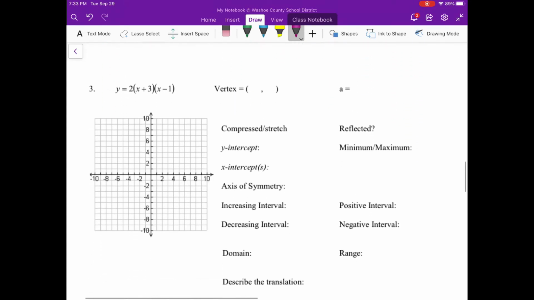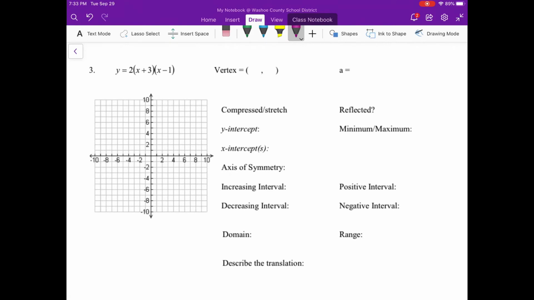Okay, for example 3, now we have an a value that is a positive 2. So because it's positive, it's not reflected, but this time it is being stretched. Anytime that we have any number greater than 1, it's going to be stretched, and in this case, it's by a factor of 2. So this graph is opening up.